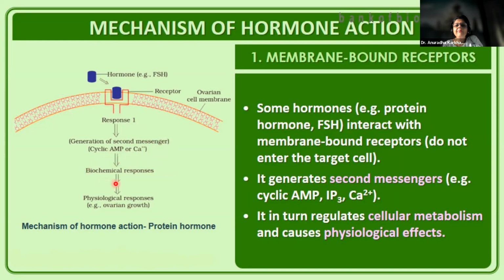They will make the biochemical response, and this biochemical response will lead to the physiological response, for example ovarian growth. So FSH does not directly alter ovarian growth; it works via this method. Cyclic AMP is cyclic adenosine monophosphate. AMP is adenosine monophosphate.